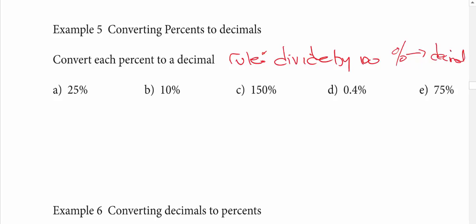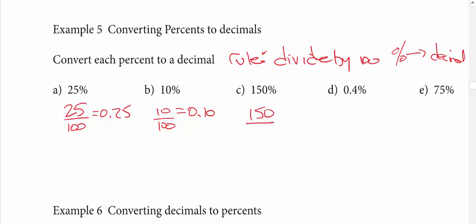So, in other words, 25% becomes 25 over 100, which is equal to 0.25. 10% becomes 10 over 100, which is equal to 0.10. 150% is 150 over 100, which is 1.50. 0.4% is 0.4 over 100, which is equal to 0.004.